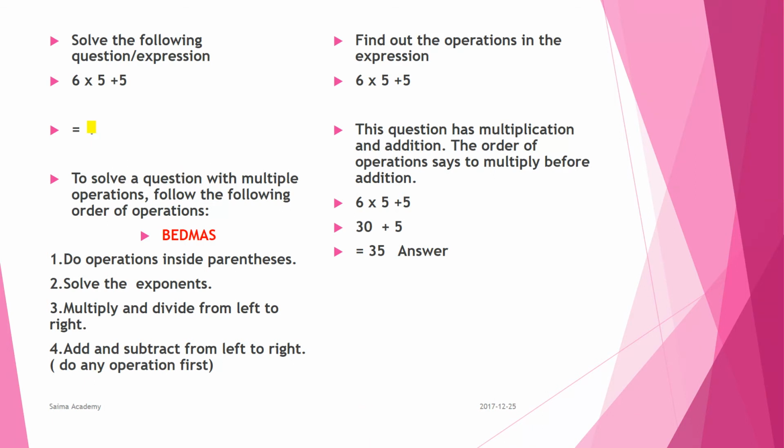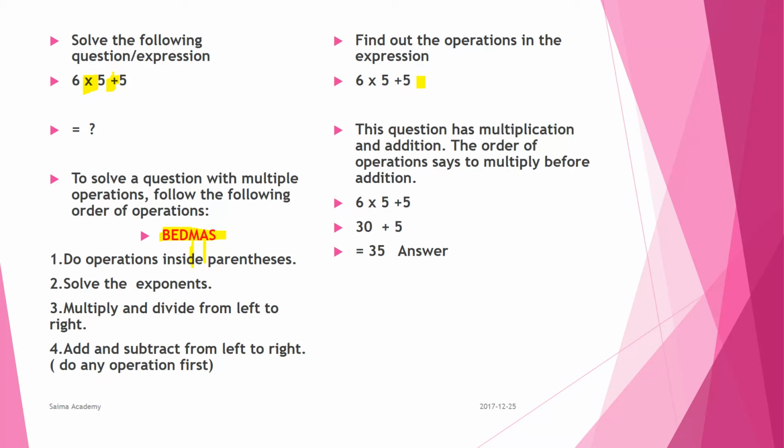Now in this question, you have to see how many operations you have and what they are. We have two operations, one is multiplication and one is addition. What do you have to follow? BEDMAS. In BEDMAS, first is multiplication and then addition. So you have to multiply first.